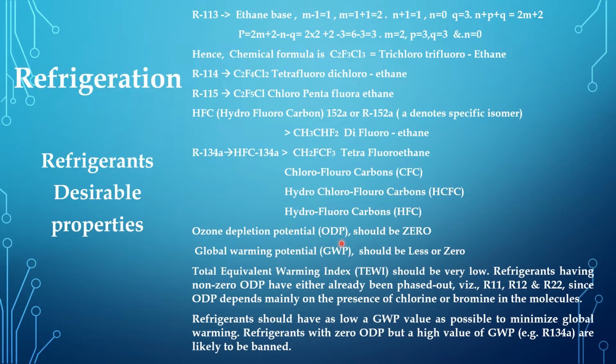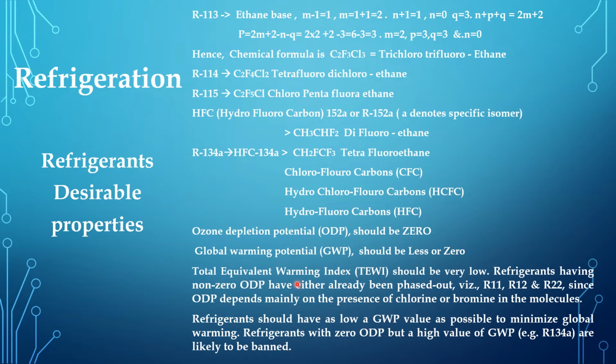Ozone depletion potential (ODP) should now be zero. All the refrigerants now used in fridges, air conditioning and industrial applications should have zero ODP to avoid ozone depletion. Then the global warming potential (GWP) is also taken into account; it should also be low or zero.